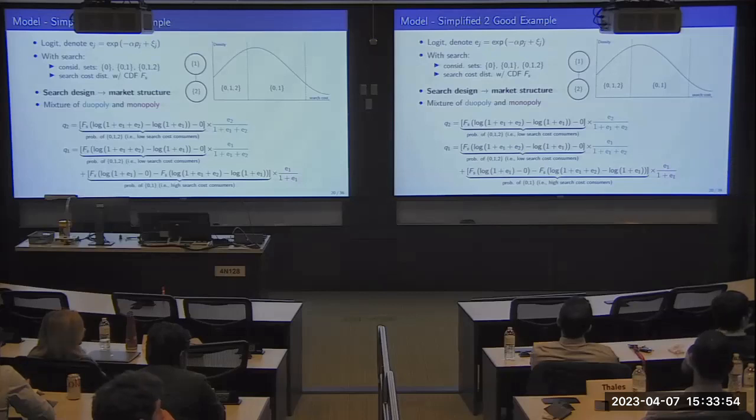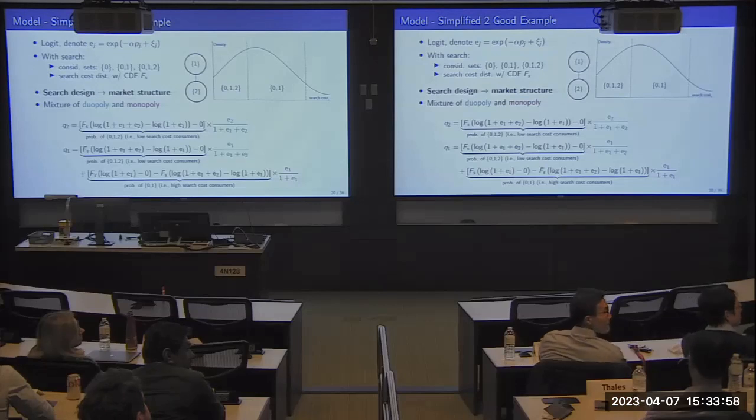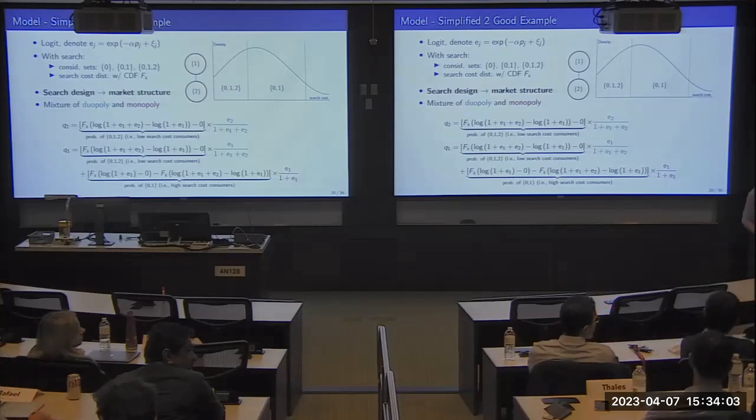Question? Can the search results be personalized? For example, where this customer always sees product 1 first? Yeah, so on Amazon, they don't personalize these search results, and I've looked into that with Amazon. In the extreme case of personalization, what you get is the platform, together with the sellers, can probably extract most of the surplus from consumers, and it becomes more of a price discrimination type story.